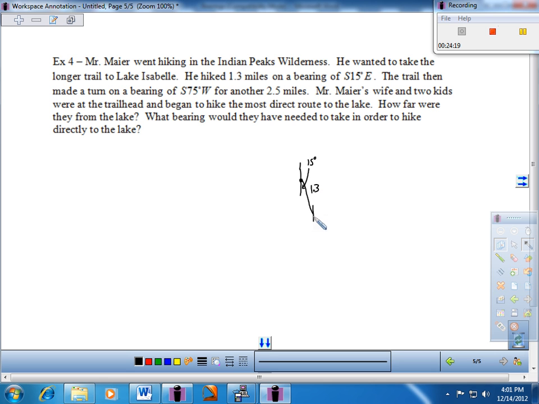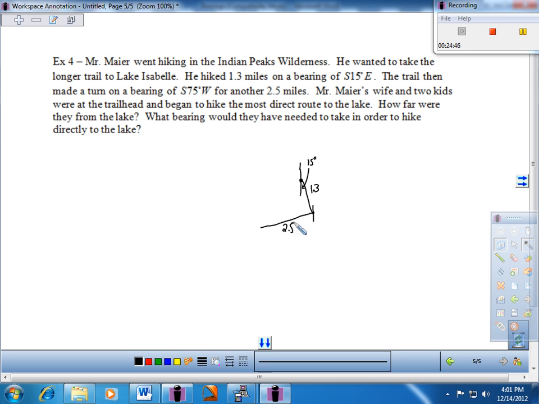Now, I stopped. Trail takes a turn, and I end up going 75 degrees west of south. So here I am, of course. Here is the south axis, and I'm going to rotate 75 degrees, so quite a bit further west in this case, and go, what did it say, 2.5 miles? Again, try to keep it somewhat to scale.